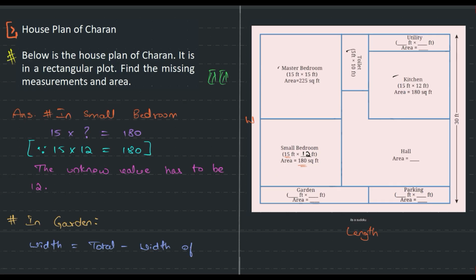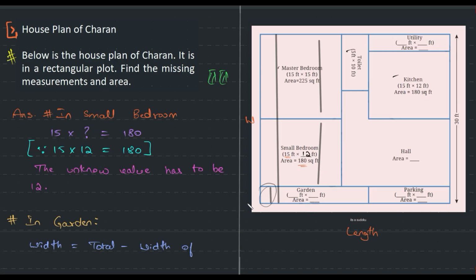Why? See, we are looking at finding this small length. We know this entire length. We know these two small lengths. And so by subtracting these two from this entire length, we'll be able to figure out this.